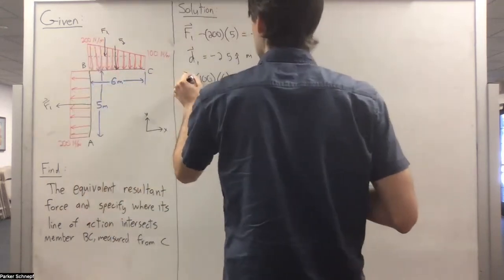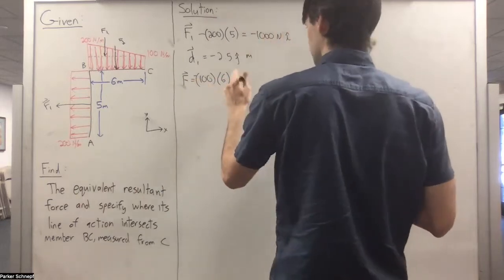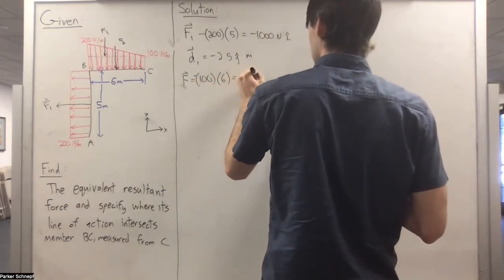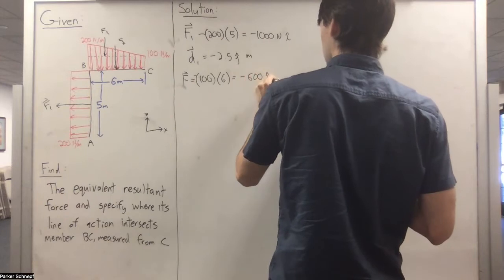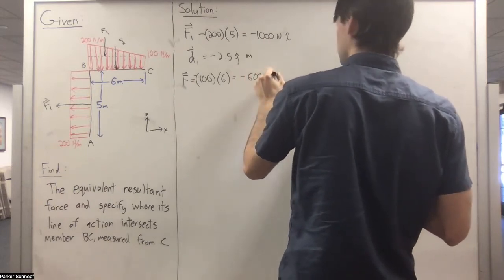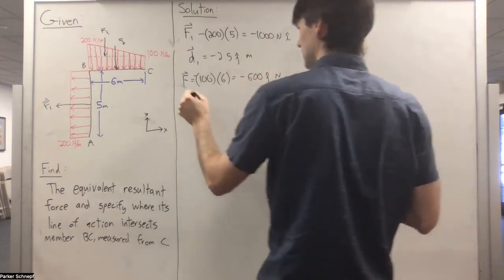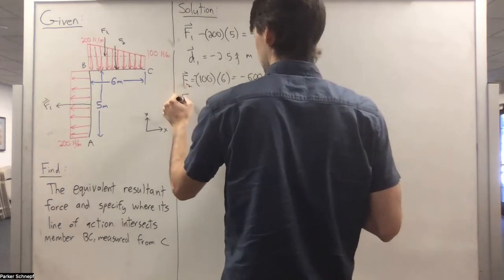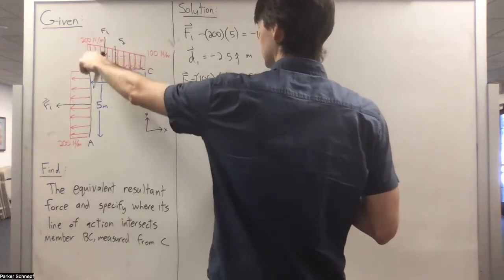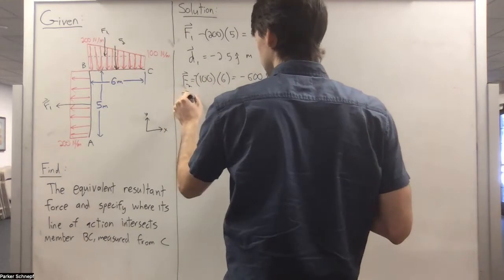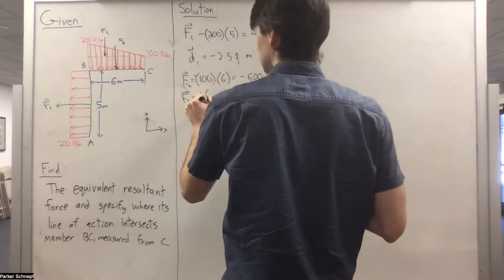So negative 100 times 6 equals negative 600 in the y direction. And F3, it is in a triangular shape. So the area of a triangle is 1/2 times the base times height.